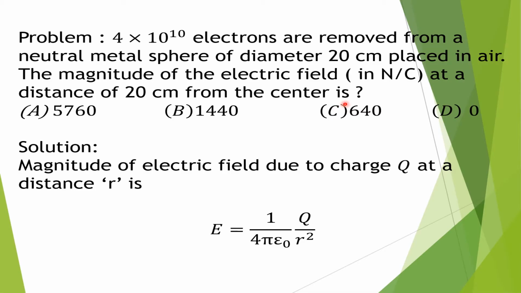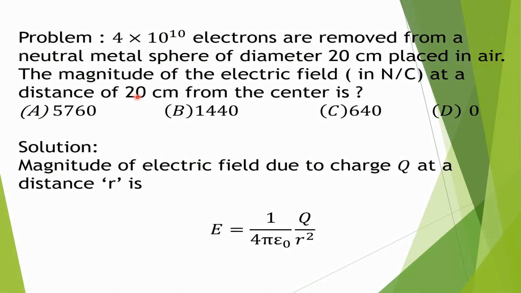what we need to do is solve this first using Gauss law, because if you remember, we can use Gauss law to find the electric field coming out of a Gaussian surface. Whatever charge is enclosed within that sphere, the electric field is proportional to that charge. Now we are exactly at a distance of 20 centimeter.